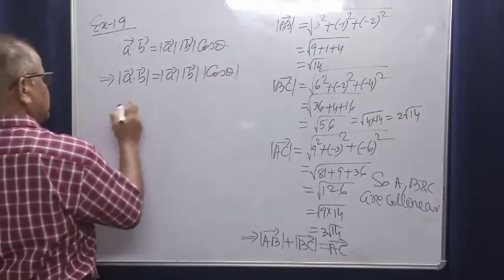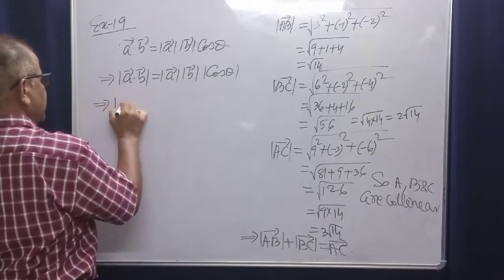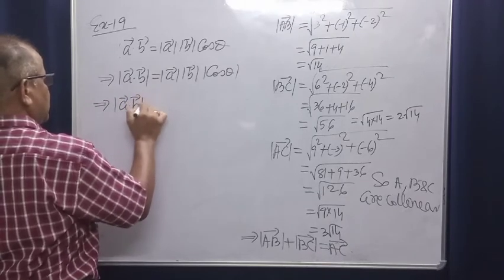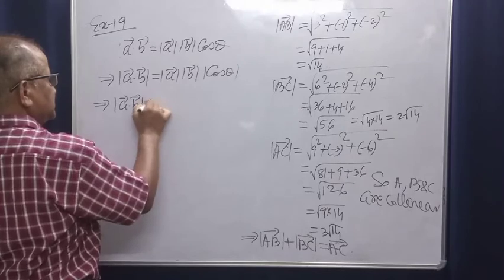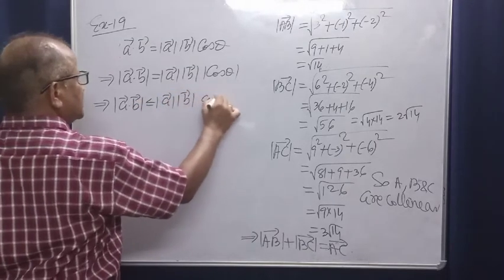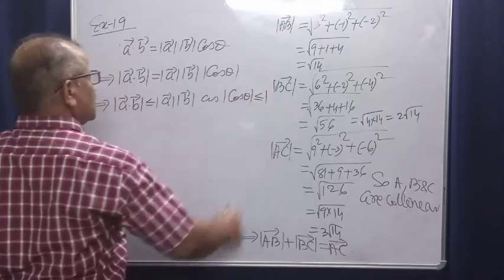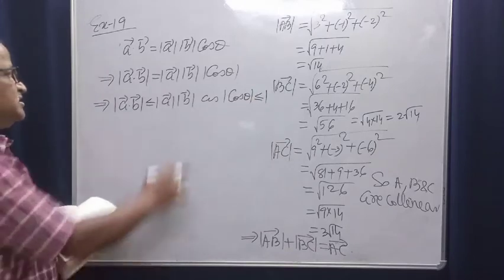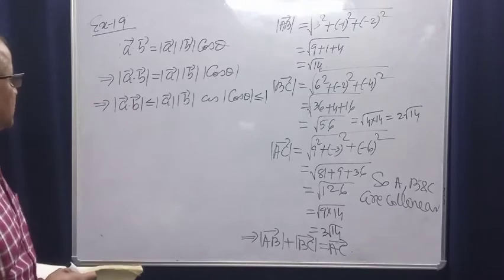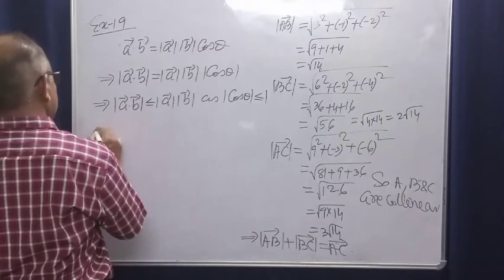And this implies magnitude of A dot B is less than or equal to magnitude of A into magnitude of B, as the magnitude of cos theta is always less than or equal to 1. So this is called the Cauchy Schwarz inequality.